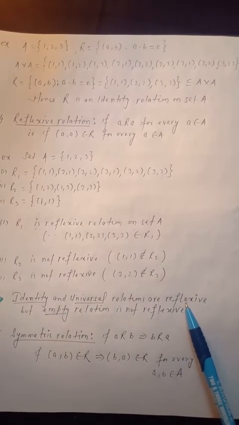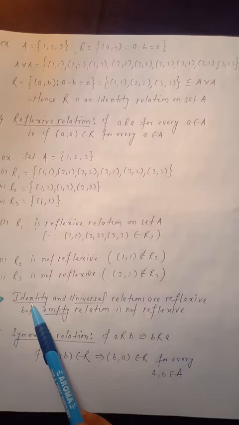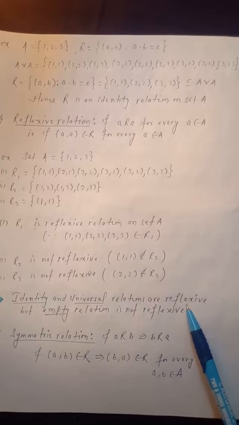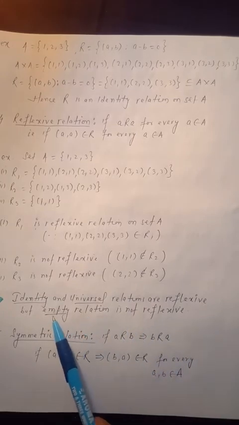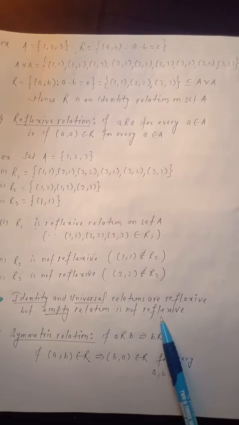So it means if a relation is an identity relation, obviously it will be reflexive, but the converse is not necessarily true, right? And the second point is that if an empty relation is present, it is not necessary that it is reflexive. So you have to note this point.